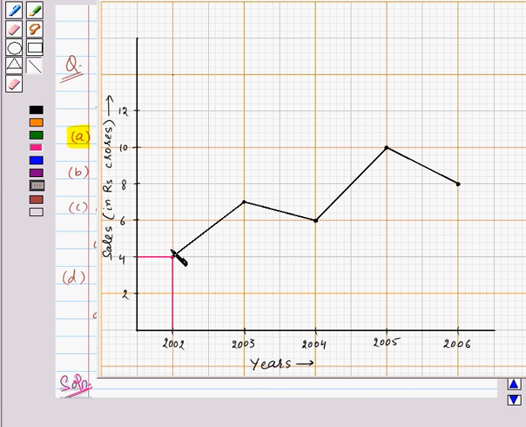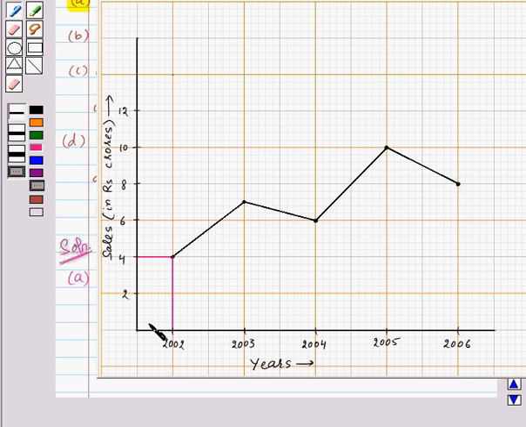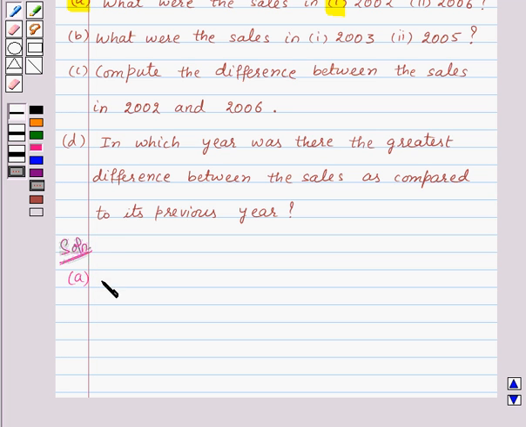In the graph, this point corresponds to the year 2002 and the same point on the y-axis corresponds to the point 4, that is 4 crores. So, the sales in 2002 were rupees 4 crores. So, our answer to part A first is rupees 4 crores.